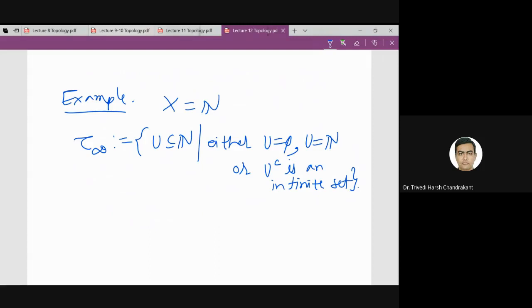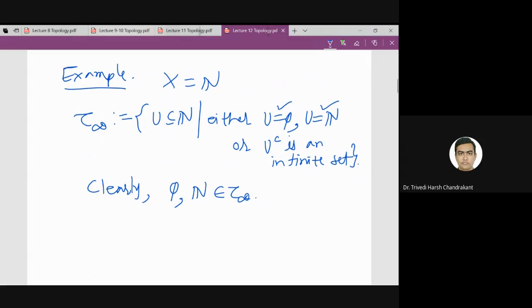So what will be the basic examples in tau infinity? Clearly phi and the set of natural numbers will be in tau infinity, right? Because of these two conditions.